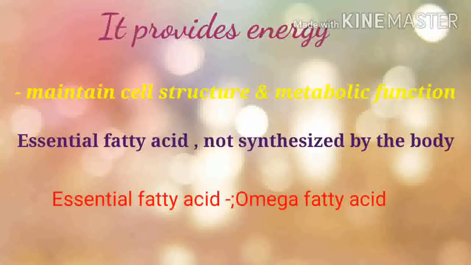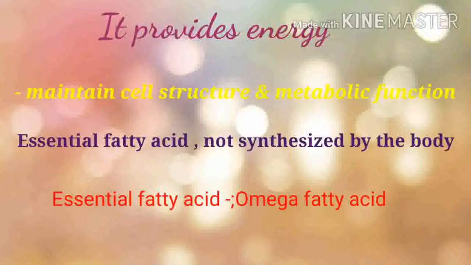Then next, in protein we had seen essential amino acids and non-essential amino acids, isn't it? Like that in fat also, this fat is made up of fatty acids. Here also essential fatty acids cannot be synthesized in the body. We all know that in protein the essential amino acid is not synthesized by the body.